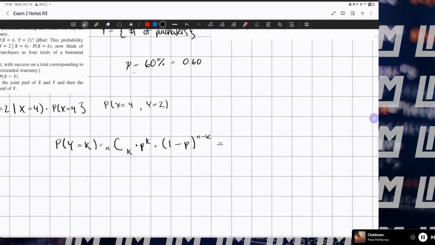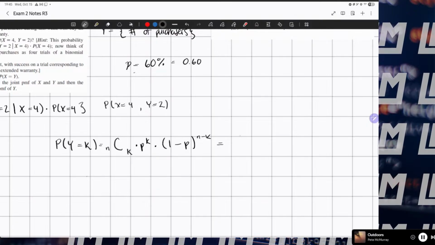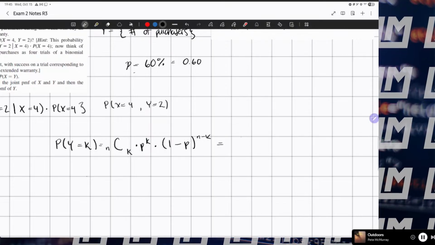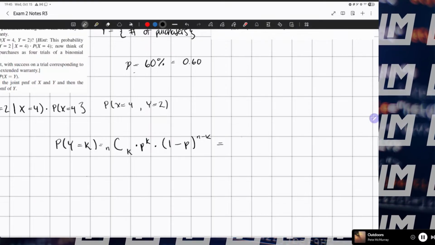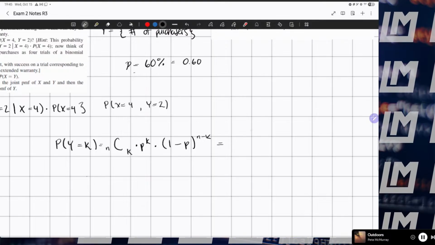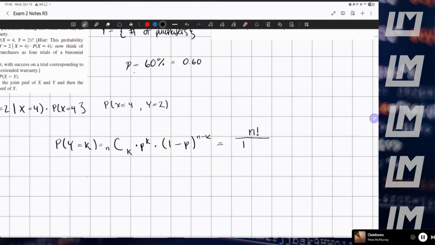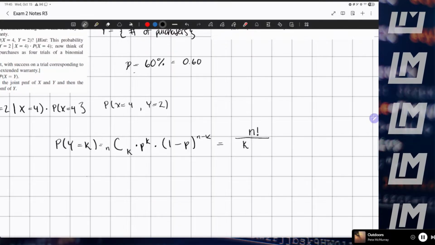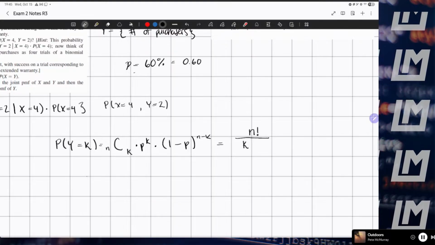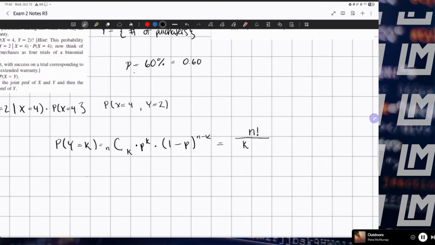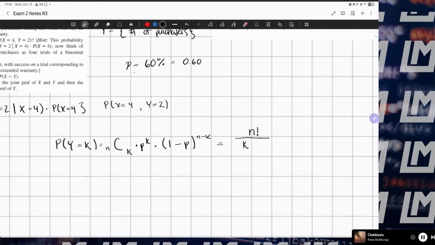I'm not sure if that should be written down. But then the combination, in combinations, is going to be the factorial n over k. I can also look at what the professor wrote on the board. Let me look at those notes, because I think he started it, because we have to do it his way.